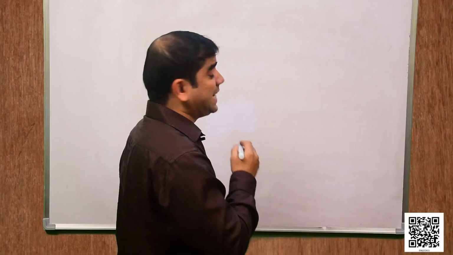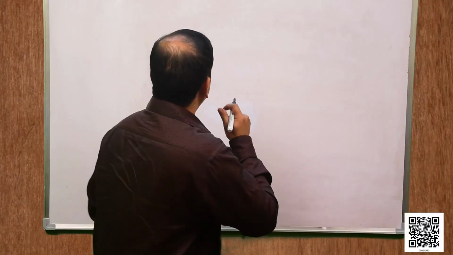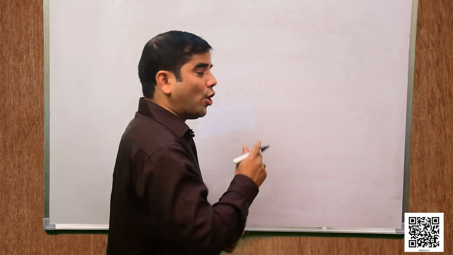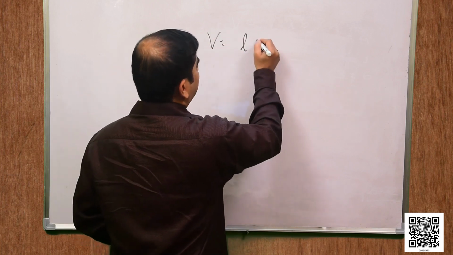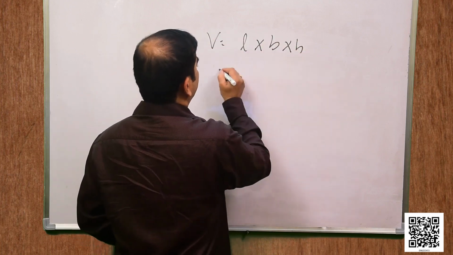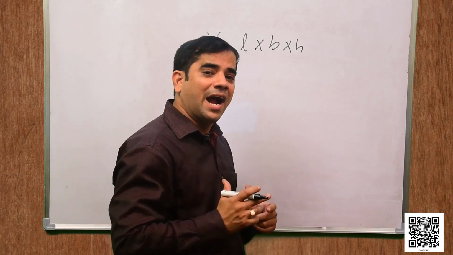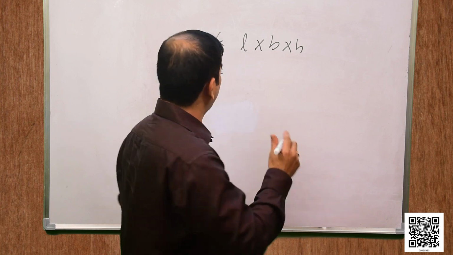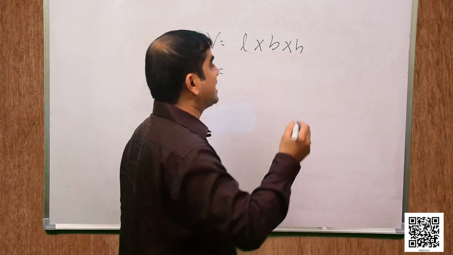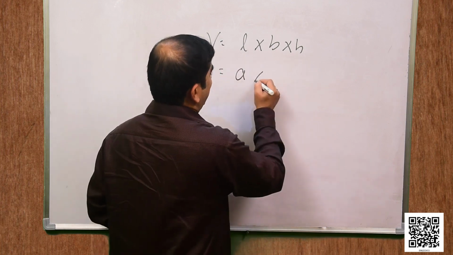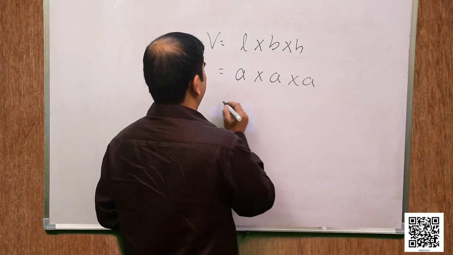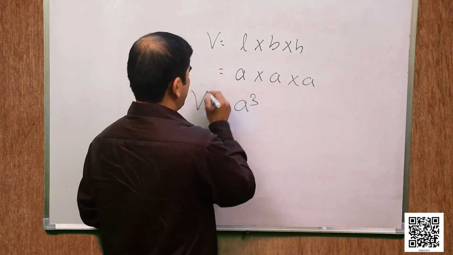So, what happens in case of a cube? We know for a cuboid, volume is equal to length into breadth into height. But in case of a cube, the length, breadth and height are all the same. So, if we take it as A, it is A into A into A, that is A cube.